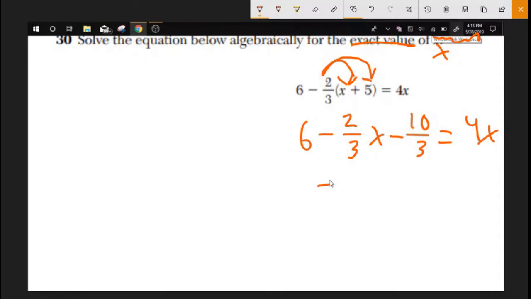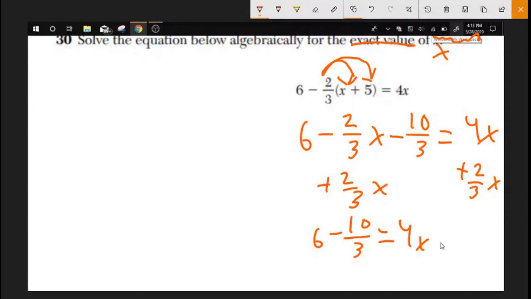And now let's just add 2 over 3x to each side, just to get the x's on their own side and the numbers on their own side. And now what we have is 6 minus 10 over 3 is equal to 4x plus 2 over 3x.